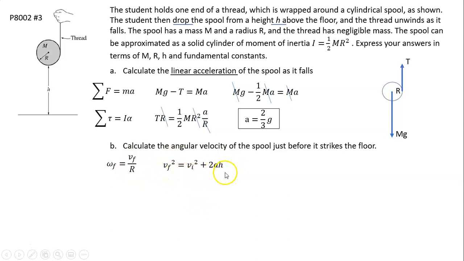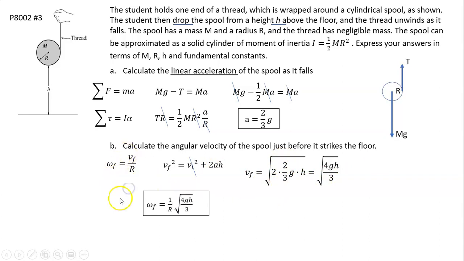This equation is also called the timeless equation because we don't have time in it. Substitute your a in, substitute your vi, which is 0. So vf squared just equals 2ah. A is 2/3 g. So this is your vf. Substitute back, you have omega f equals 1 over r times vf.